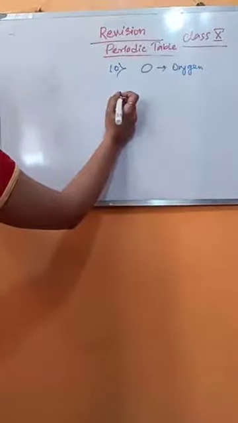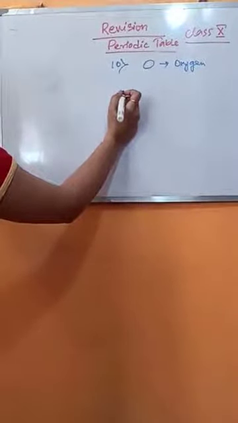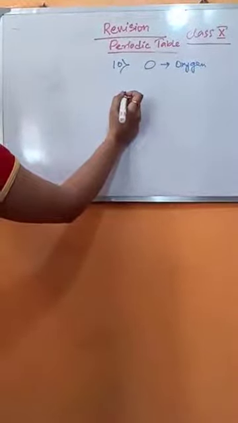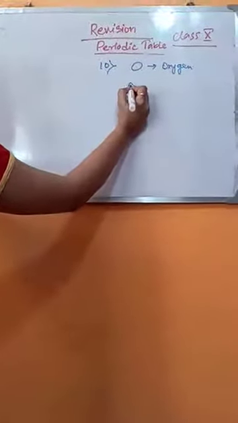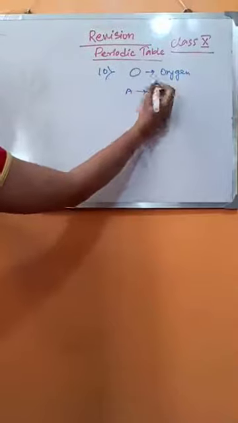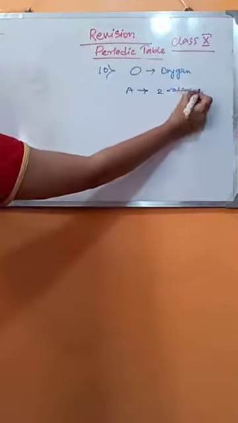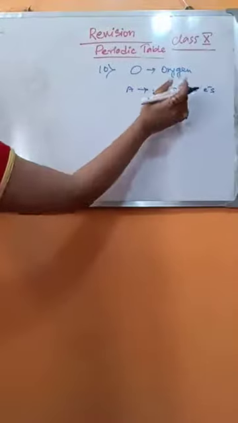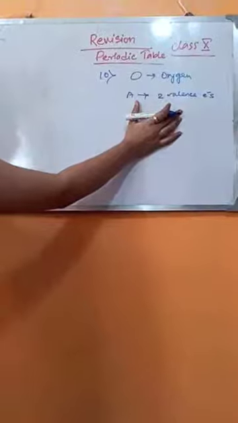So A, look at A. A is in period 2, as well as group 2. So since A is in group 2, it will have 2 valence electrons. If an element has 2 valence electrons, what will it do?